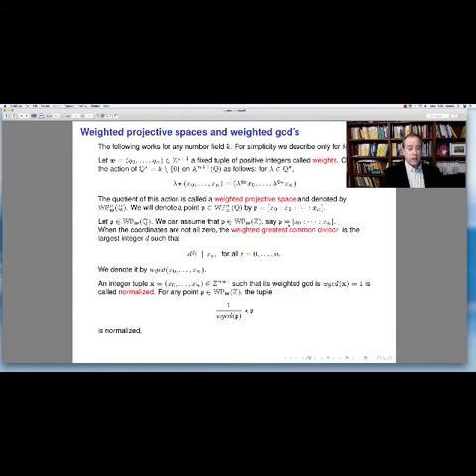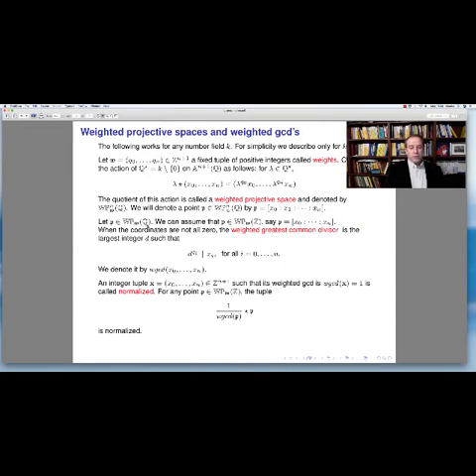Let's say we have a point here over the rationals. We can easily make all the coordinates integers because I can multiply by some constant and get rid of all the denominators. By the way, everything we are saying here over Q is true over any number field, but for simplicity we're sticking to the rationals.